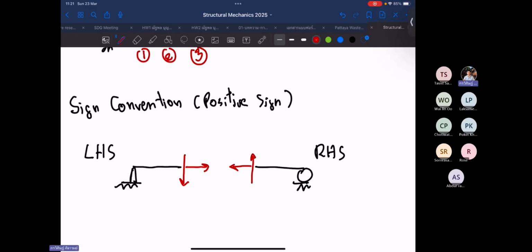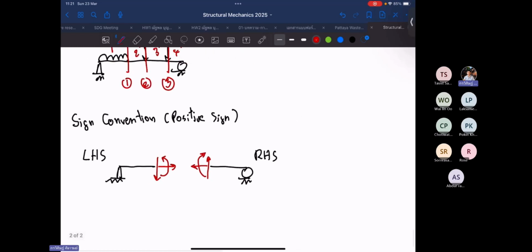For bending moment, for left hand side counterclockwise is positive, and for right hand side clockwise is positive. This one have to be followed, this sign convention.